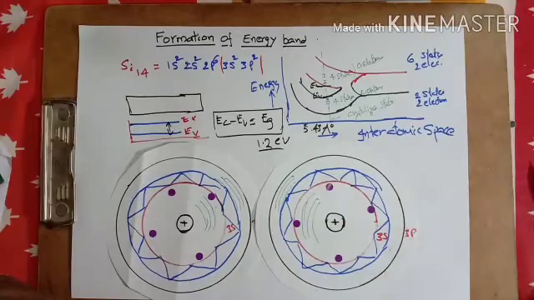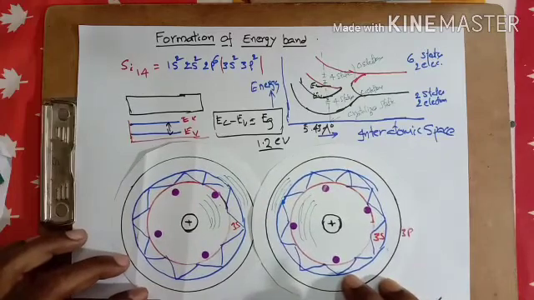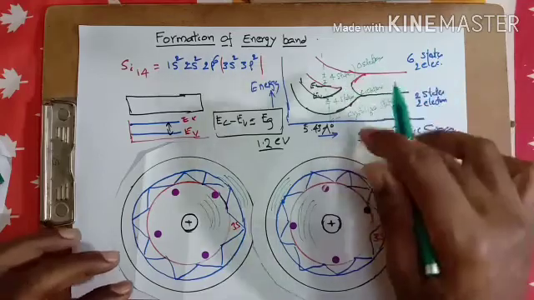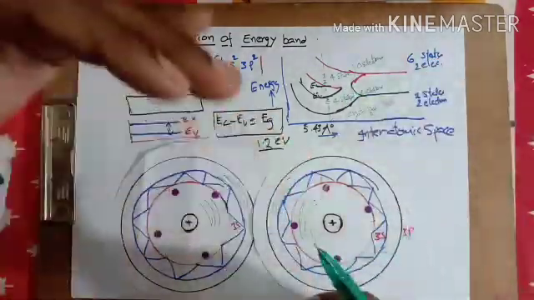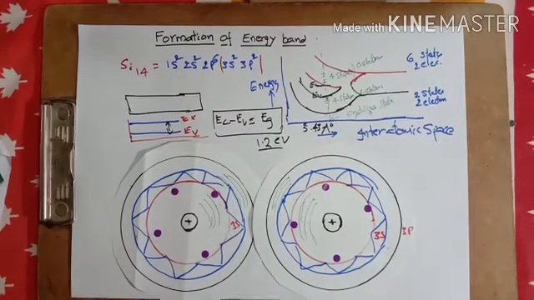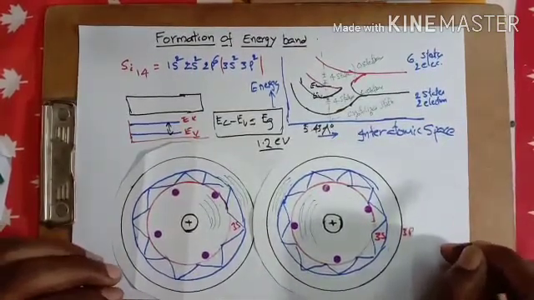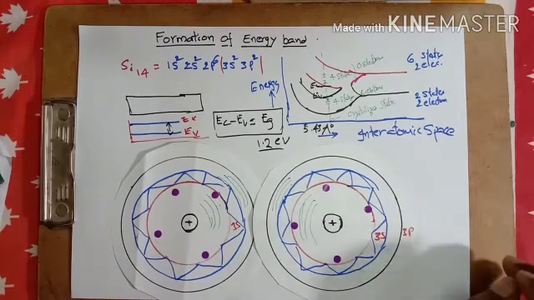The interatomic space is such that, for example, aluminum will settle at some interatomic spacing, somewhere here. Then both the conduction band and valence band will merge together, and there are plenty of electrons available in the conduction band itself for the material to conduct. So it will act as a good conductor of electricity, aluminum.